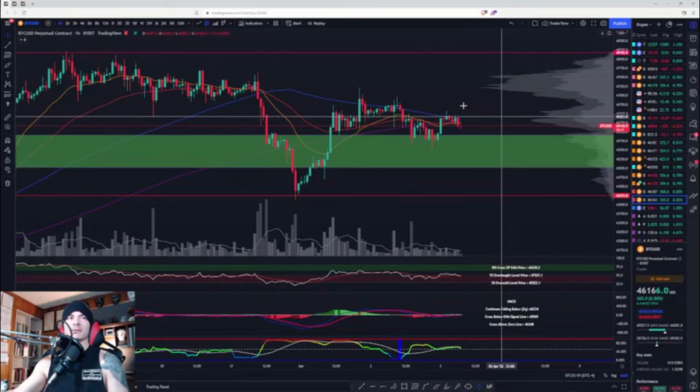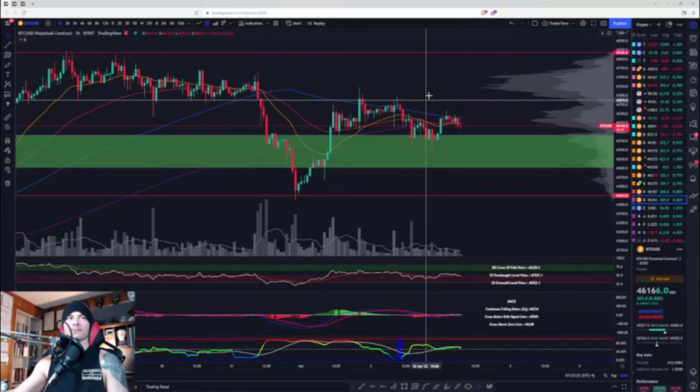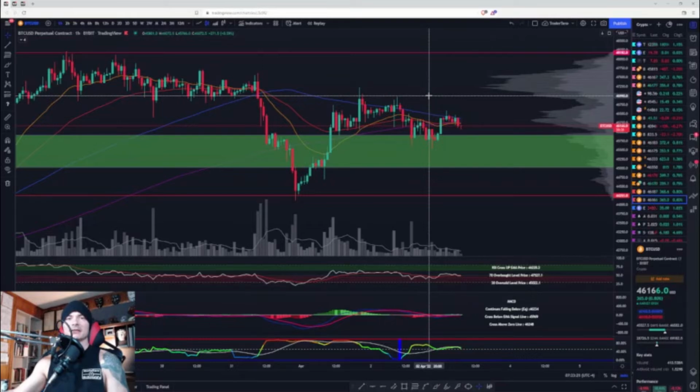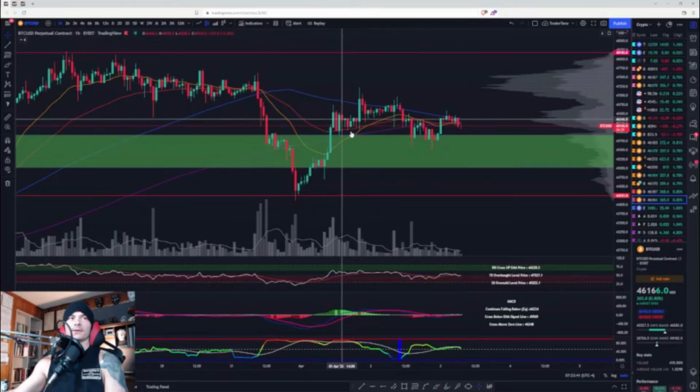Let's move on to, well, we're going to stay on the 1 hour because not much has changed. I mean, we're kind of just going in a range here from basically 47K to basically 45,500, 45,600. So that's kind of our region right now. Basically, we broke out.